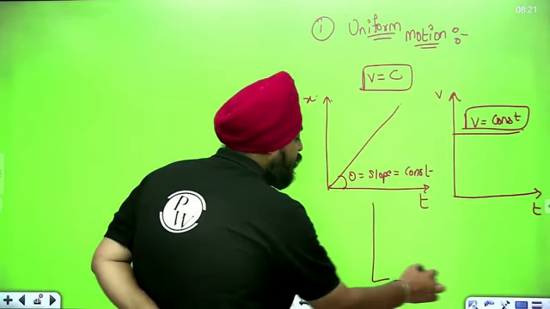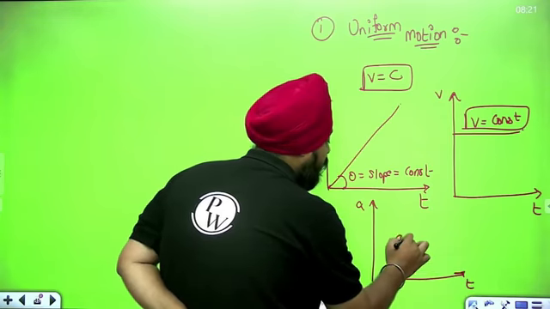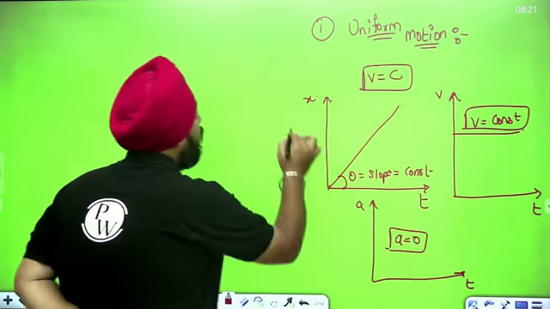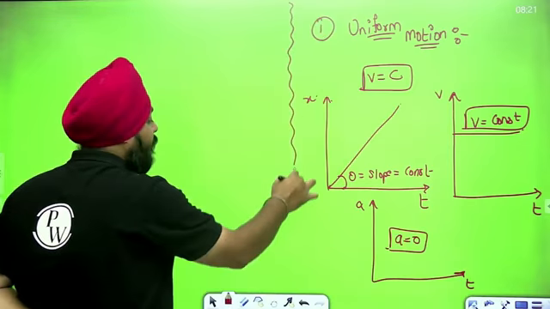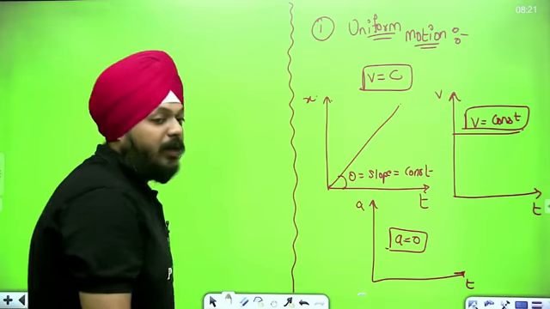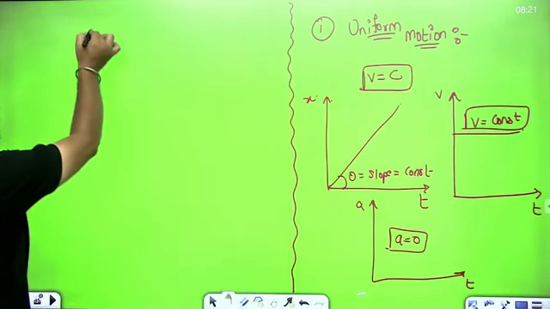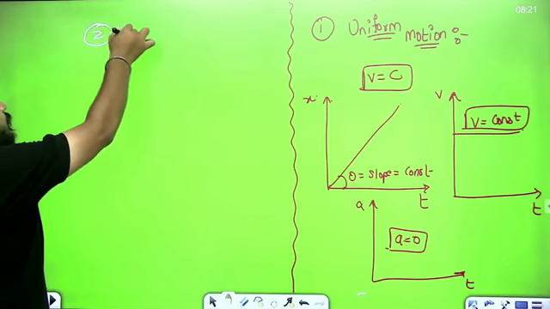What will be the acceleration versus time graph? This will be 0. Acceleration versus time graph will be 0. Yes or no? Now, second will be the graph of uniformly accelerated motion.